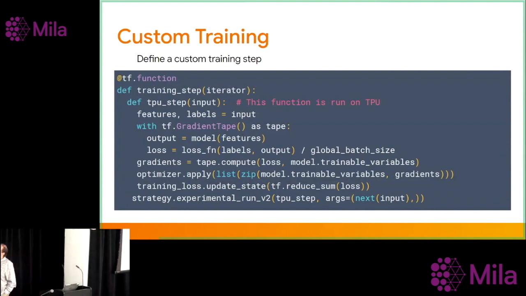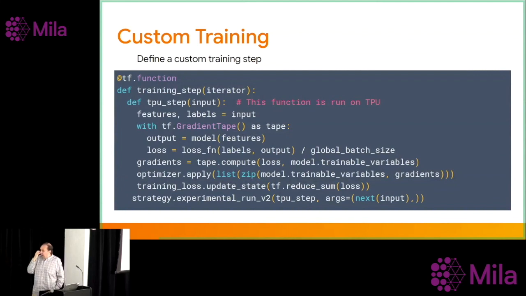Notice here, I divide by my global batch size. You compute your gradients, you apply your optimizer, and then let's say I have a metric here for my loss, I update my metric for my loss. The key thing here is the last statement of the function, strategy.experimental_run_v2, that's actually what runs your function on the TPU.